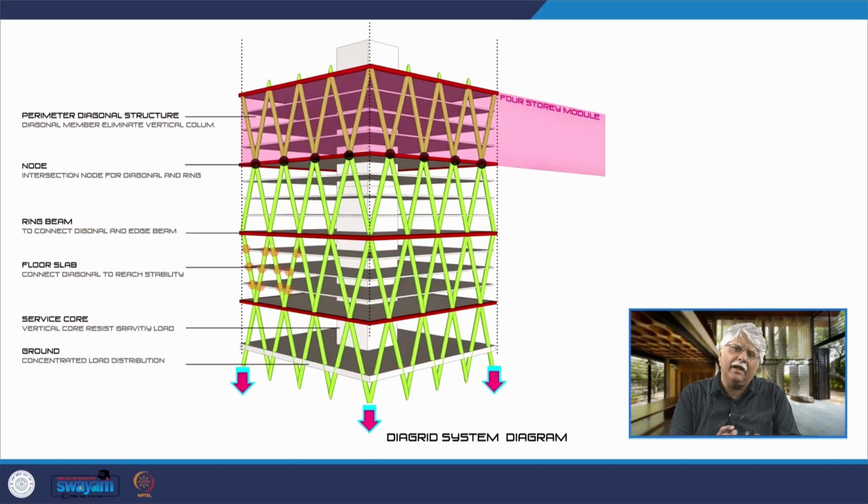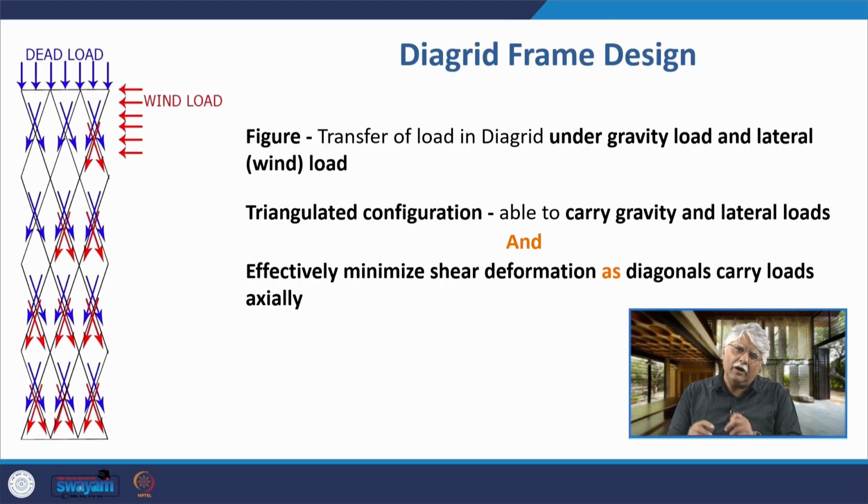This is how the entire structure is put together. You can look at this slide again to see the specific parts, but this is how the load transfer takes place. In the load transfer, under gravity load and wind load, both are transferred axially. So the dead load, that is the gravity load that is coming, is transferred axially. The wind or the lateral load coming on it is also transferred axially.